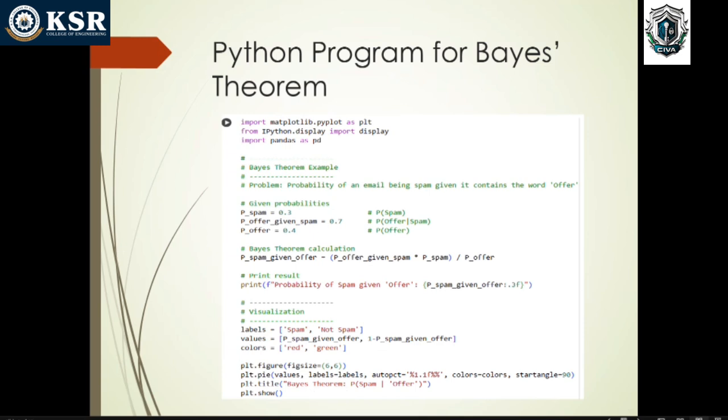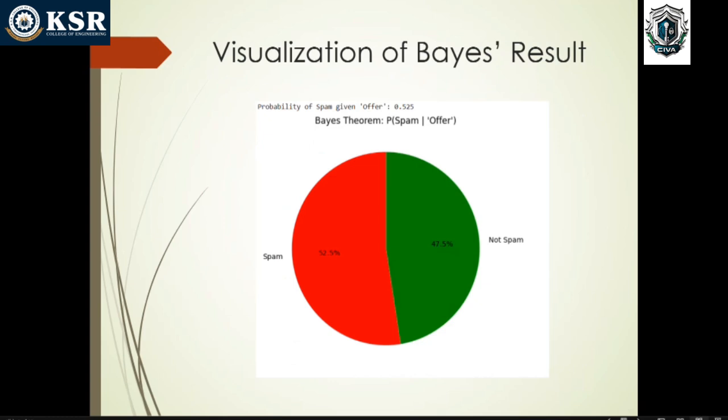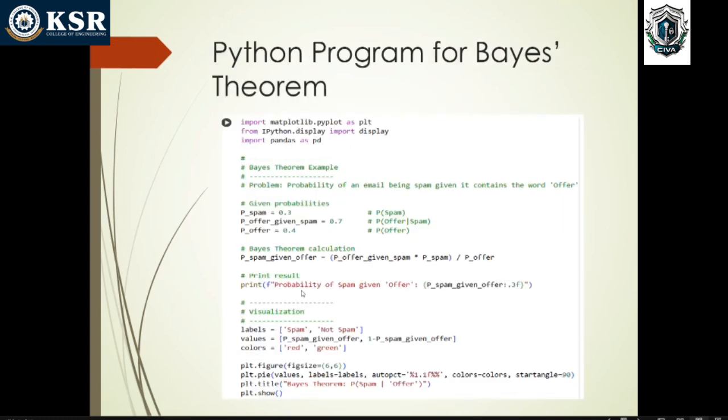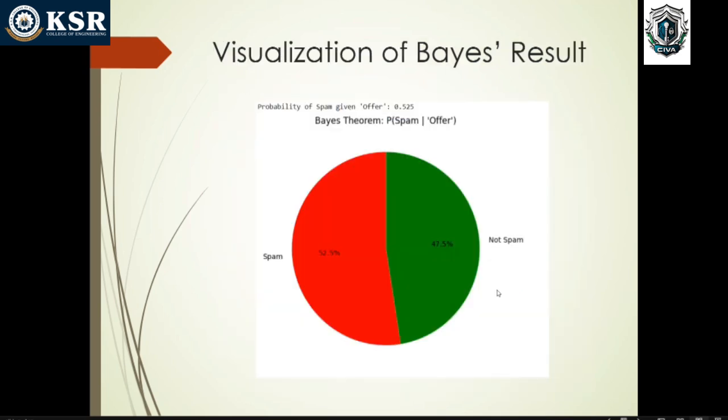After running this code, I get the chart like this. In this code I first print the spam given offer, which prints 0.525.